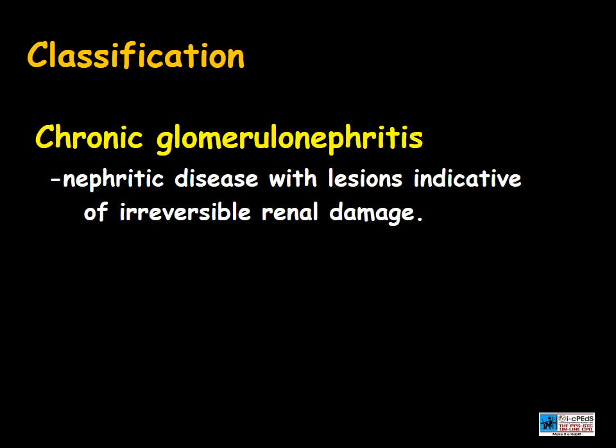While chronic glomerulonephritis is nephritic disease with lesions indicative of irreversible renal damage, persistent GN and chronic GN should not be used interchangeably since chronic GN has a poorer prognosis and outcome.